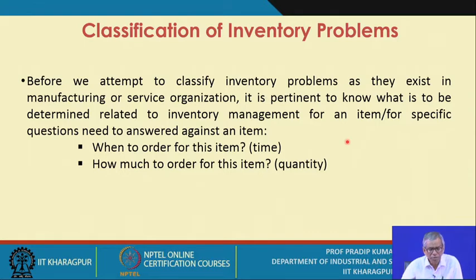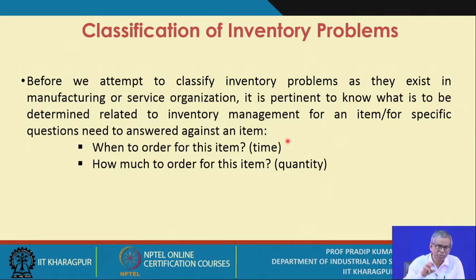Before you attempt to classify inventory problems as they exist in manufacturing or service organizations, it is pertinent to know what is to be determined related to inventory management for an item, or what specific questions need to be answered against an item. Is it okay? So what is this inventory problem?